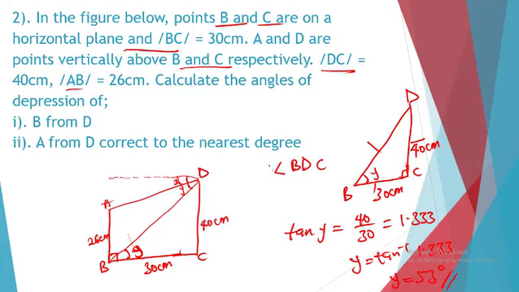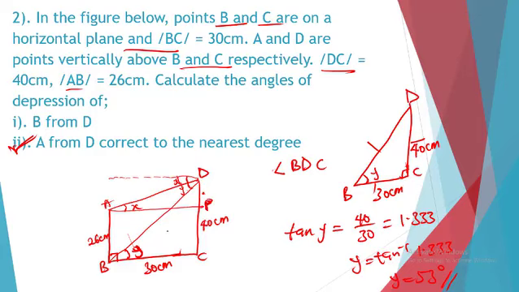Okay, then we have the B part of the question that said we should find A from D. Okay, so let us close this here and then also call this angle here X. We then find the length of D, let's call it DP.